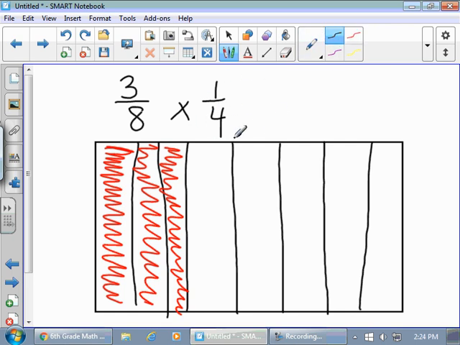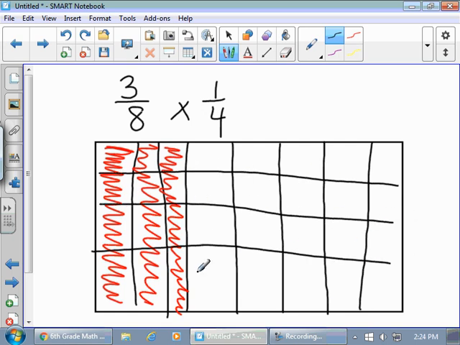Now I'm going to cut horizontally and into 4. So there's going to be 3 lines divided into 4 parts. So here's 1 row, 2 rows, 3 rows, 4 rows. And I'm going to shade one of those.